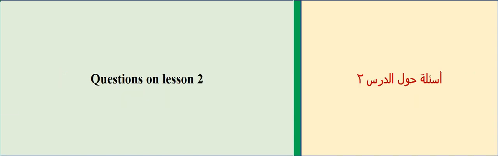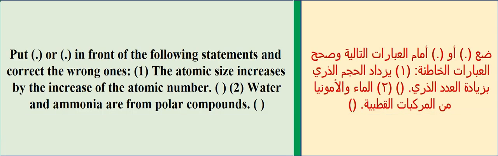Questions on Lesson 2. 1. Put a tick or a cross in front of the following statements and correct the wrong ones. 1. The atomic size increases by the increase of the atomic number. 2.